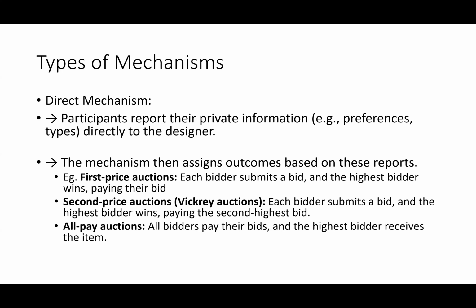Being it preferences, being it the types that they want, they report it to the designer. So they tell the designer what they want. The mechanism then assigns outcomes based on these reports.